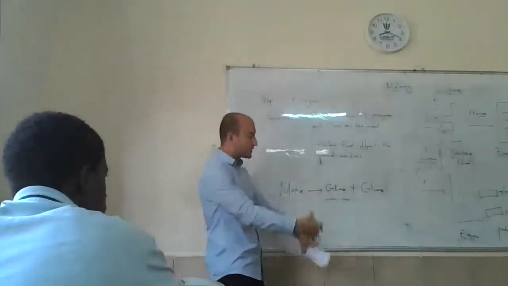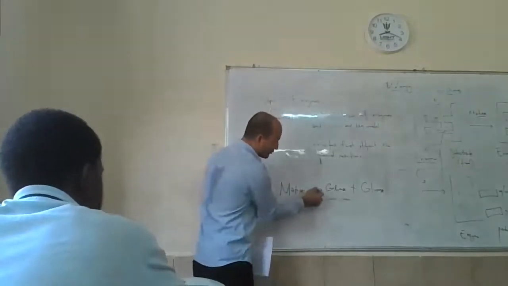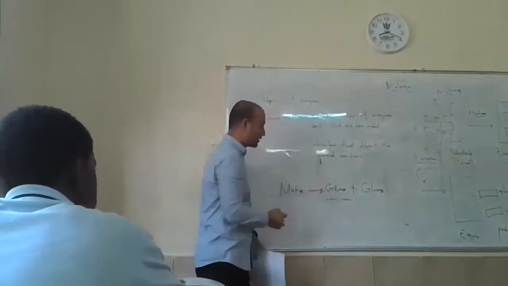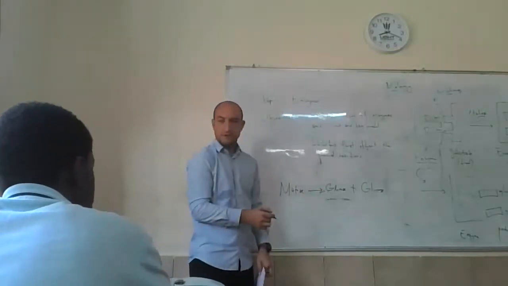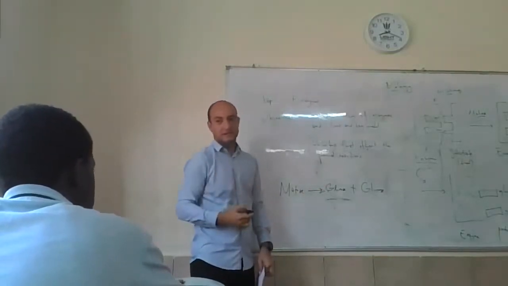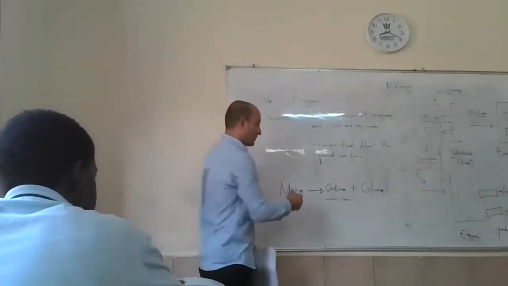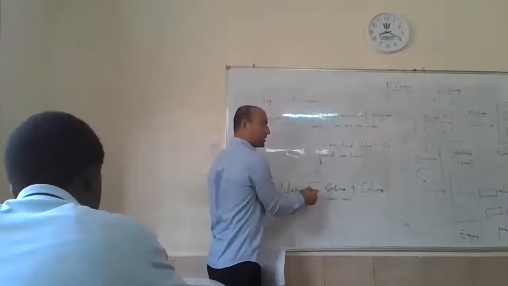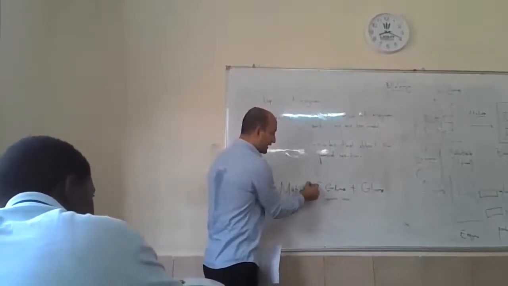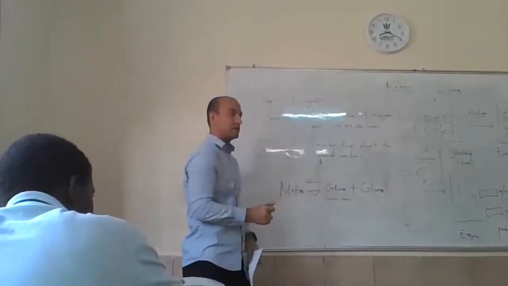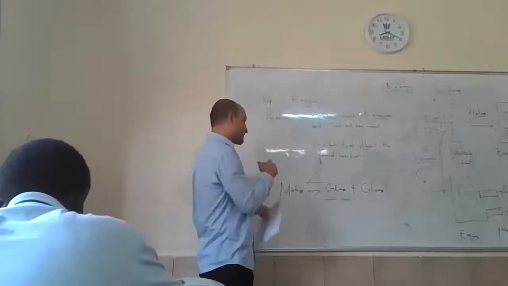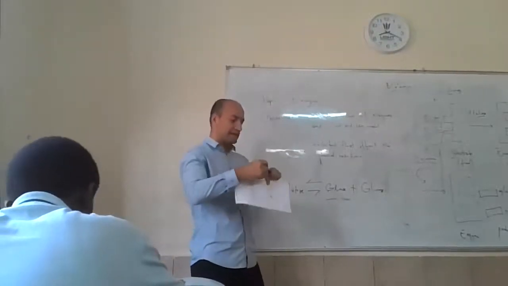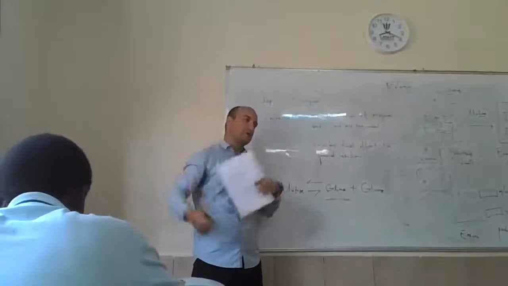We are breaking down to simple glucose, so the arrow goes this way. What is it called? Hydrolysis. Exactly. By the way, enzymes, it can be this way or that way. Have you seen that one? It means this process goes in reverse. It can go either to the right-hand side or the left-hand side.